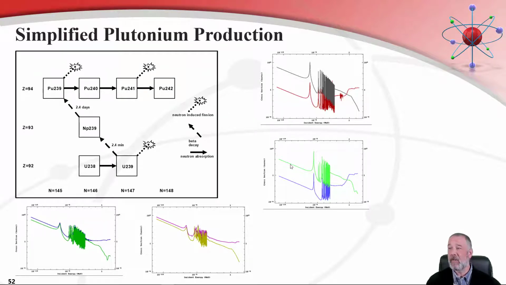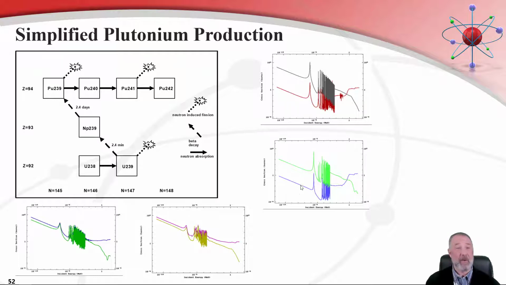In this case, we're basically looking at something called a fertile isotope, which can preferentially capture a neutron and turn into something else. These two isotopes are, at the top, plutonium-240, and at the bottom, plutonium-242. What this is telling us is that the gray line, which is the probability of capturing a neutron and turning into something else, is very much higher than the red line, which is the probability of fission.